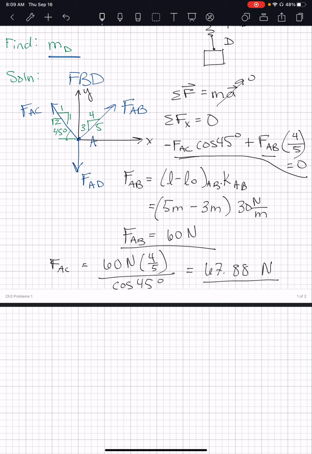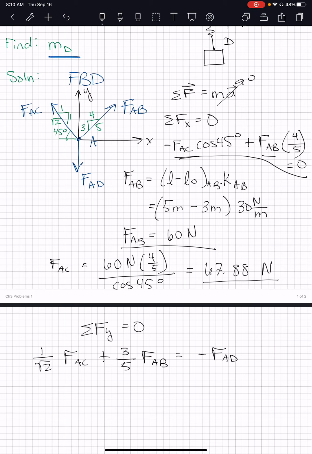So now we have FAC. Now we can go to the other equation, sum of the forces in the y direction equals 0. For that, we have the y component of FAC. For this one, we'll use the common triangles just to show you both ways. That'd be 1 over square root of 2 times FAC plus 3 over 5 FAB equals negative FAD.